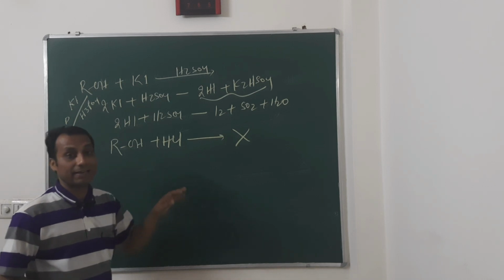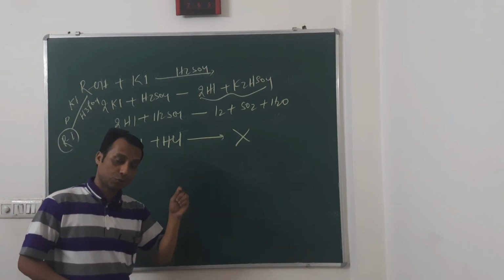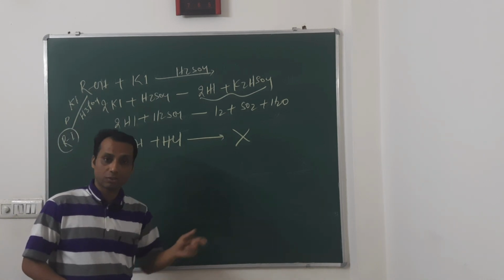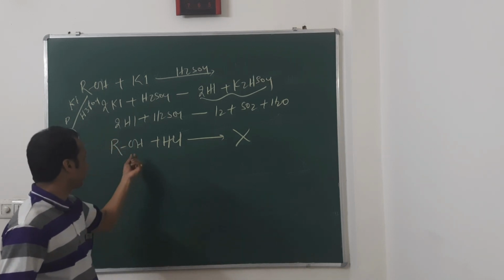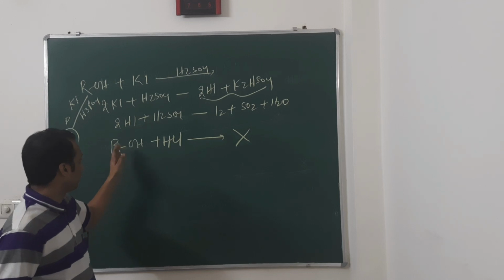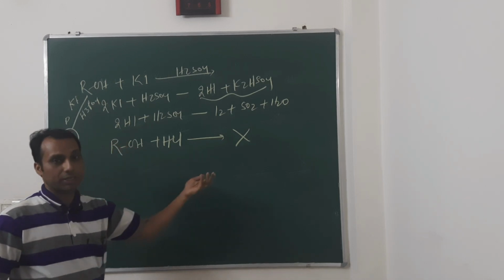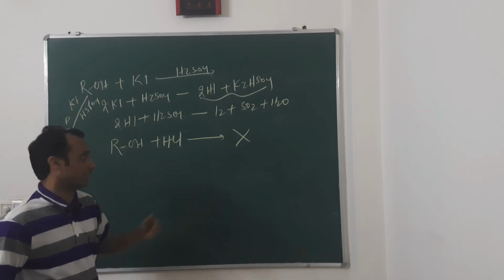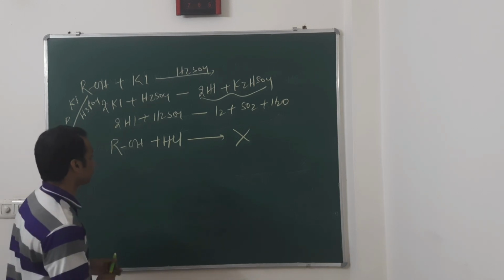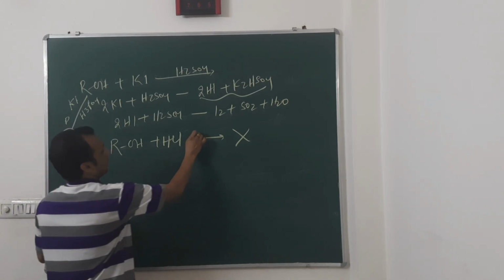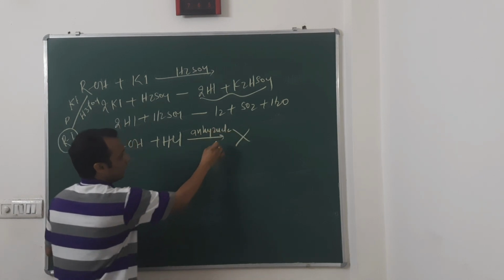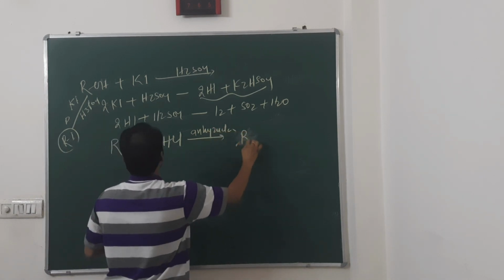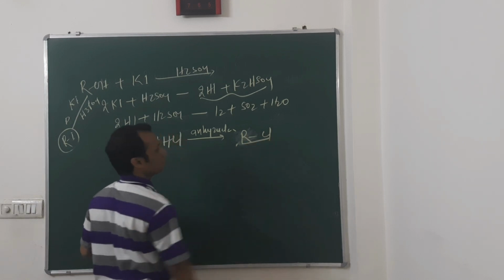We need a dehydrating agent like H2SO4 or anhydrous zinc chloride. They initiate and help to remove OH as a leaving group. Understand what will happen when we take anhydrous zinc chloride: then the reaction is possible and alkyl chloride is formed.